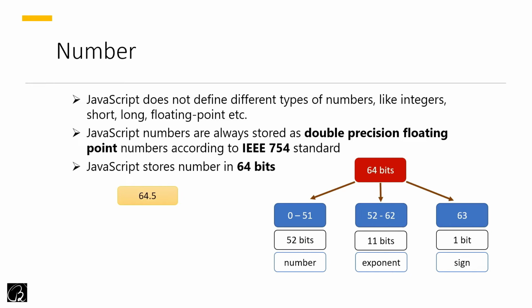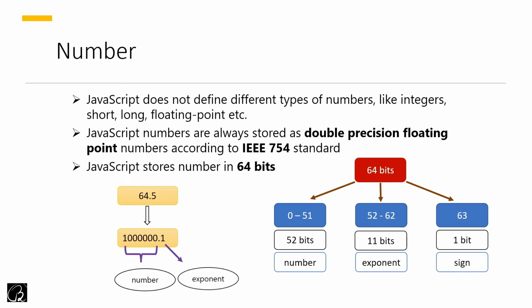If I convert it into binary form, the number part is 64, and the fraction part is 0.5, and it's a positive number, that's what the sign is. So this is basically how JavaScript stores a number.